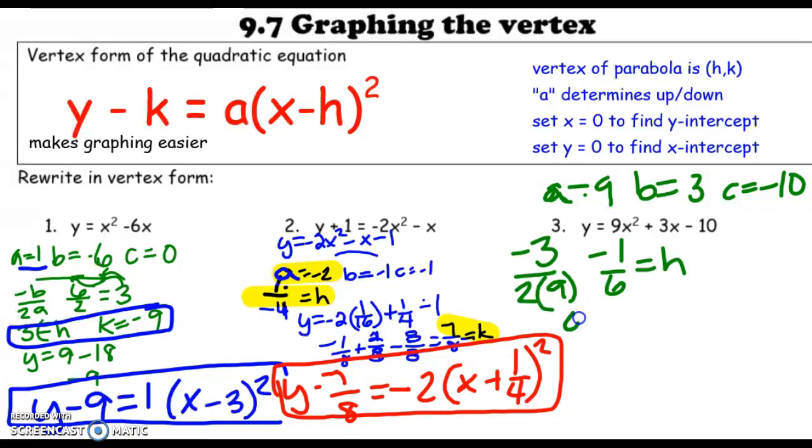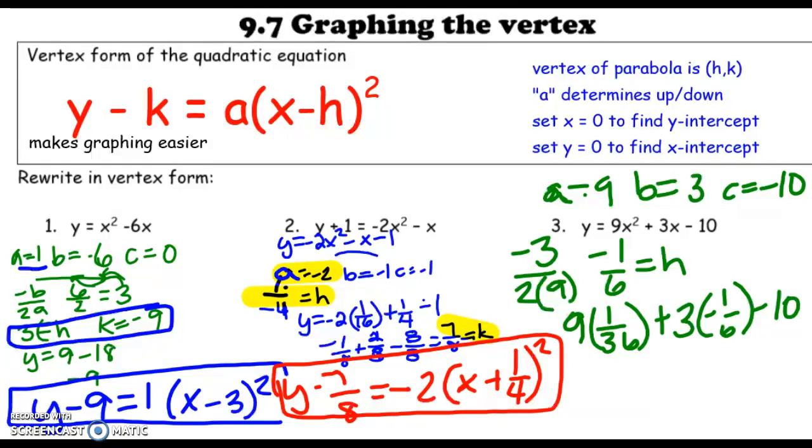So it's 9 times a negative 1/6 times a negative 1/6, which is 1 over 36, plus 3 times negative 1/6, minus 10. So 9 over 36 would become 1/4.